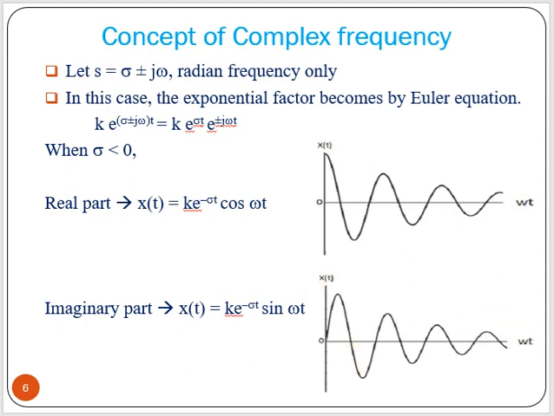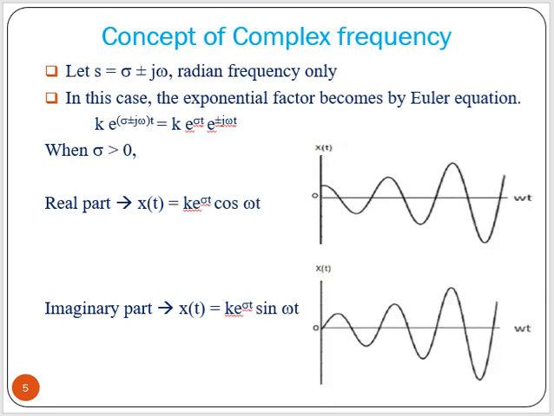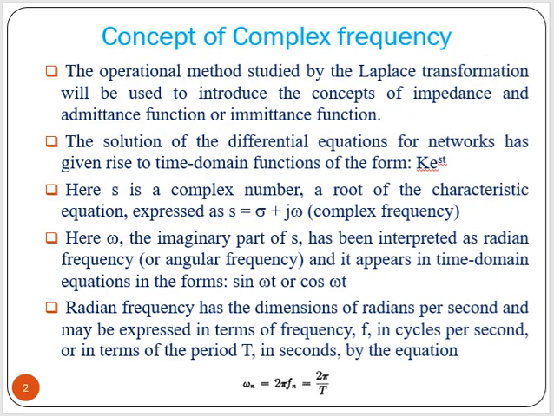Okay, so this is the concept of complex frequency that we have used in case of Laplace transform also, that is alpha, sigma and omega, and by putting some values, how the response will be. In case of Laplace transform, the Laplace transform of f(t) is F(s), which is equal to the integration from 0 to infinity of f(t) e to the power minus st dt. The s is nothing but sigma plus j omega.